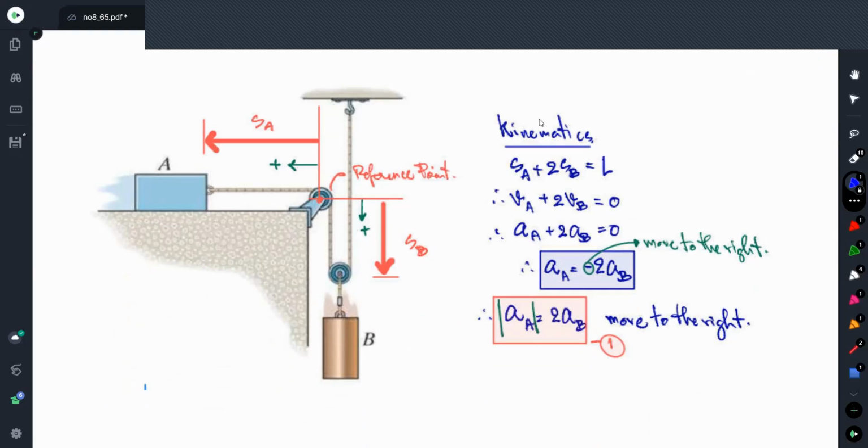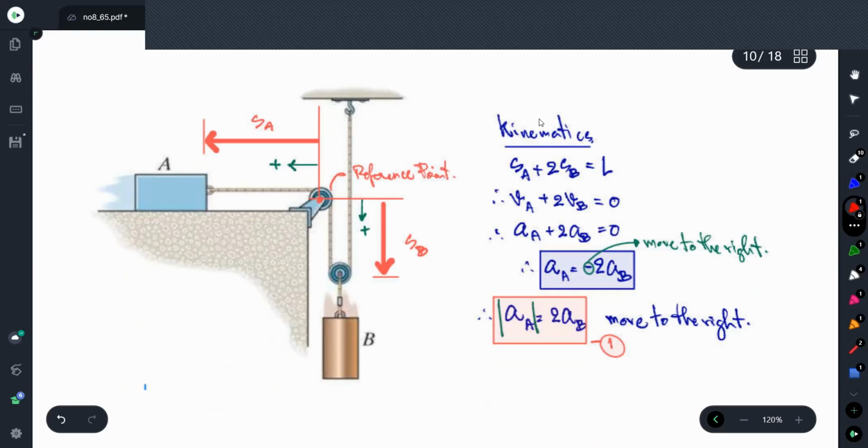For this system, I may set this point as point O. Point O is now the fixed point for this system, right? So it is better to set this point as the reference point, and after that we set the axis at this point. This is the reference line for block A, and this is the reference line for block B.